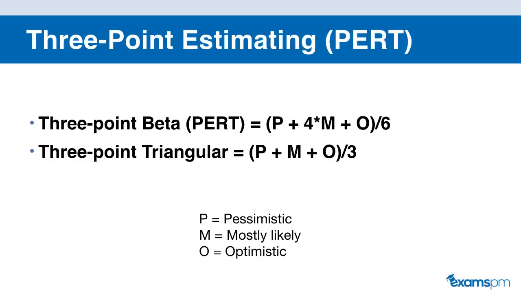And if you're using the triangular distribution, then you would use the pessimistic estimation you came up with plus the most likely plus the optimistic, and in this case you would divide by 3. So what you can see here is that the PERT distribution places more emphasis on the most likely scenario, whereas a triangular one just averages out the pessimistic, most likely, and optimistic estimations.